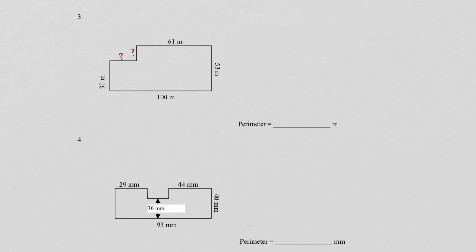If you know that the total distance from top to bottom is 53, and you know that this portion is 30, that means that this is going to be 53 minus 30, which is going to be 23.